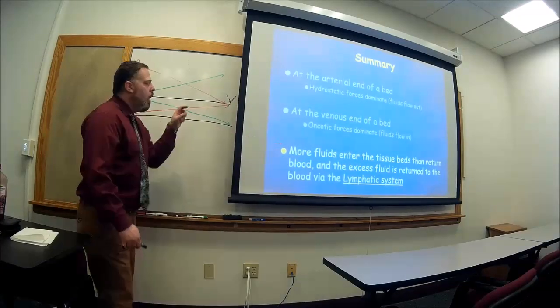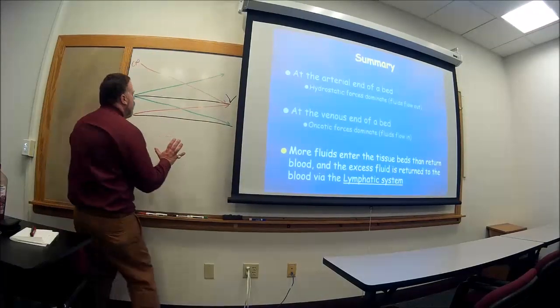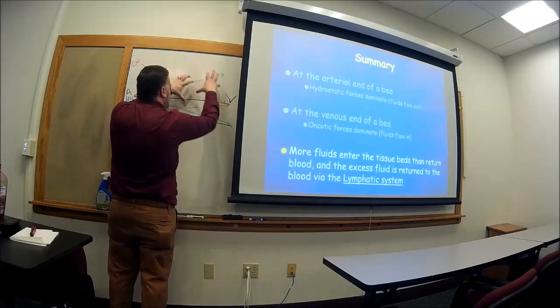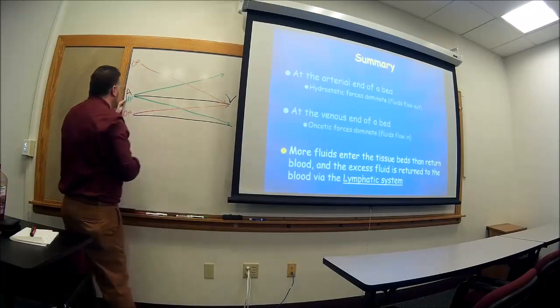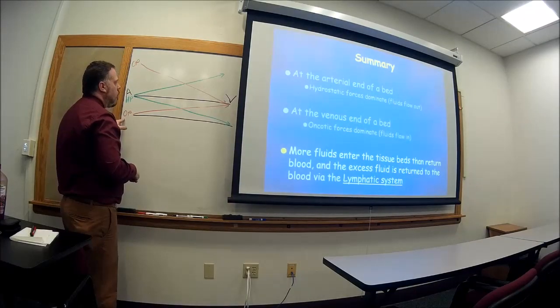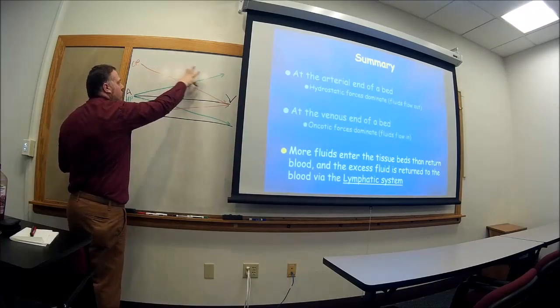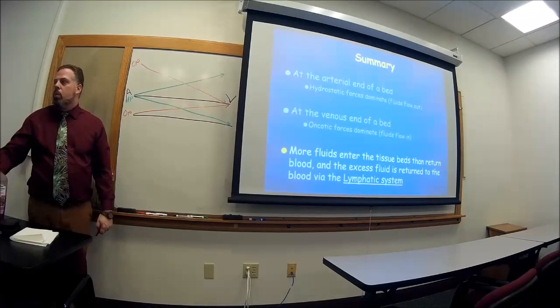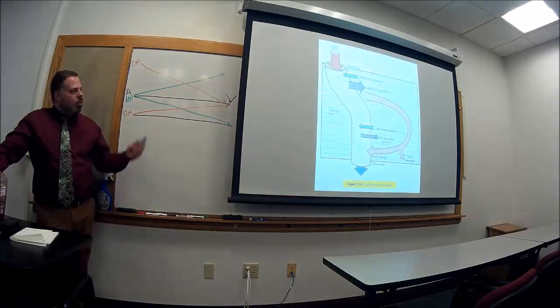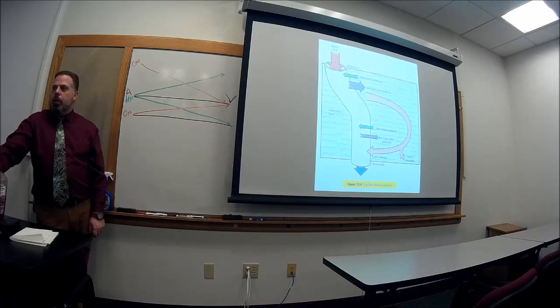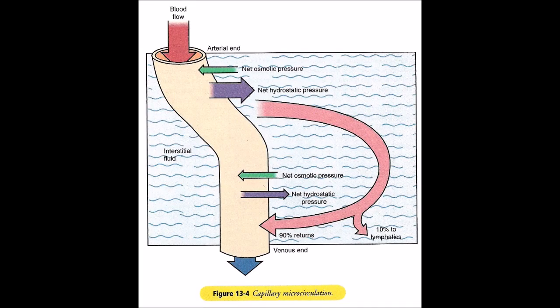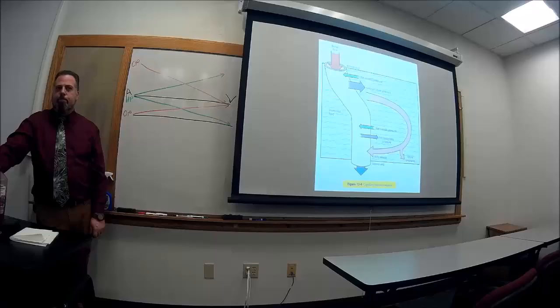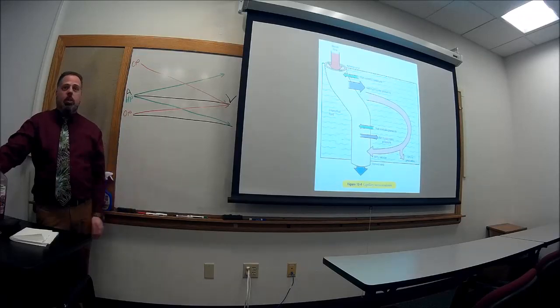And like I said, the lymphatics: 30 liters of fluid goes out there, and then 27 come back, due to both the hydrostatic pressure and the oncotic pressure, but 3 liters stays out there, and the lymphatics will take that back. Okay? And this is showing the same thing I kind of drew for you guys. Make sense? I hope, that should be all review for you guys.